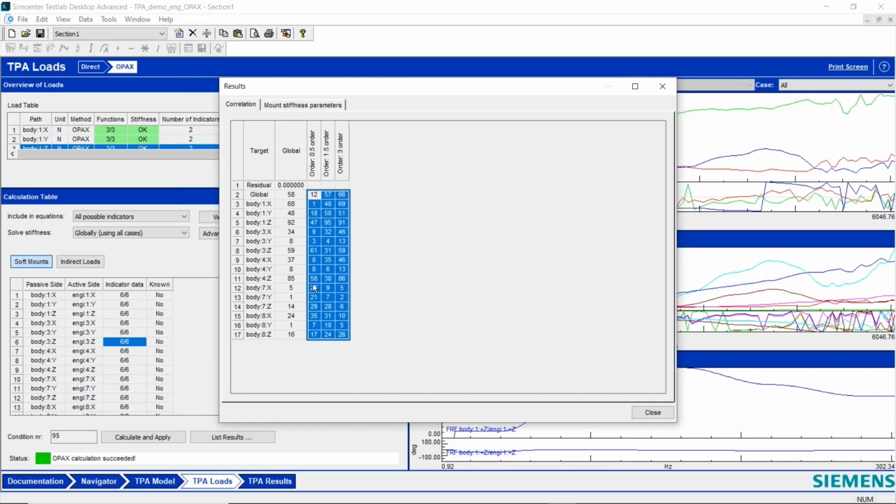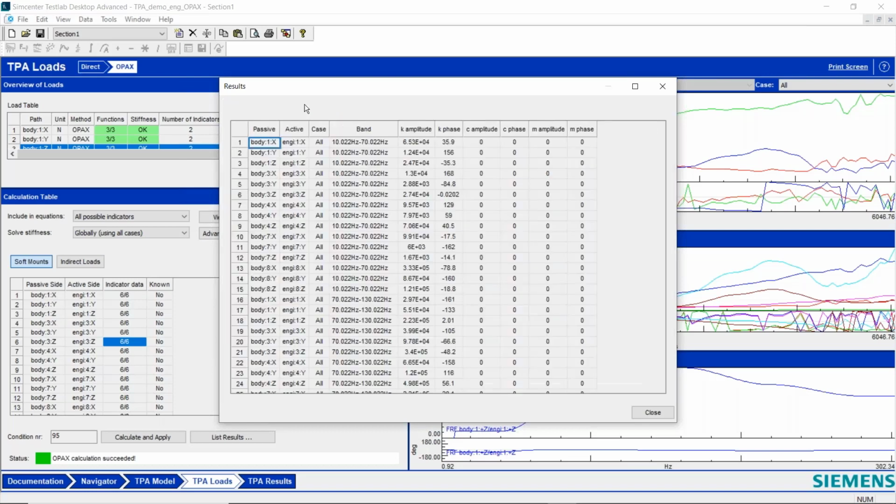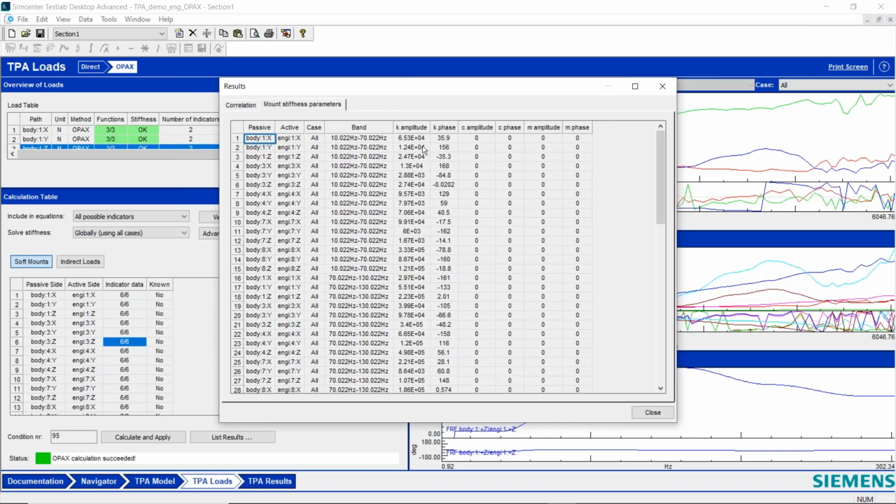And if one of the orders is always really low correlation, perhaps you want to discard that order and not have it included in your calculations. Or maybe if one of your paths always has consistently poor correlation, maybe something's wrong with that data. You might want to go take a look at it. We also show you the mount stiffness parameters. So you can see the stiffness that was calculated.